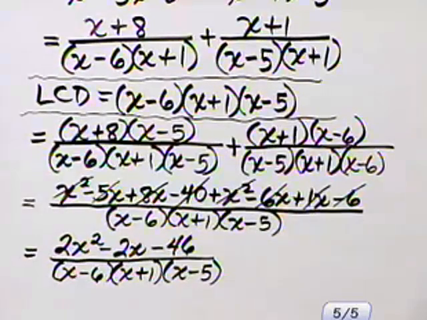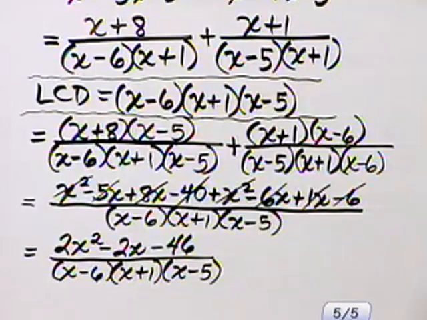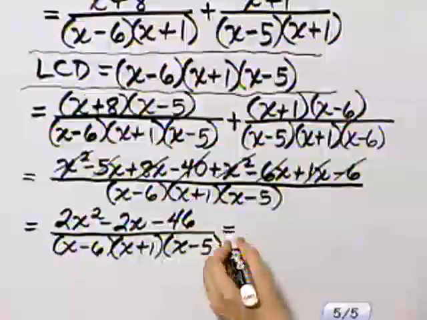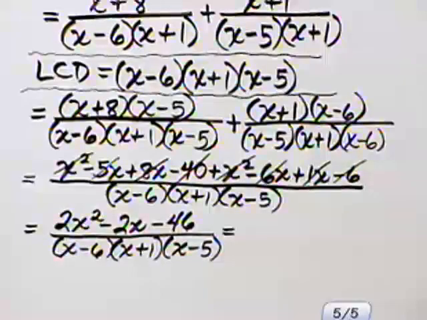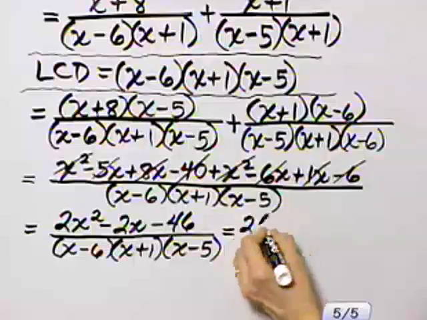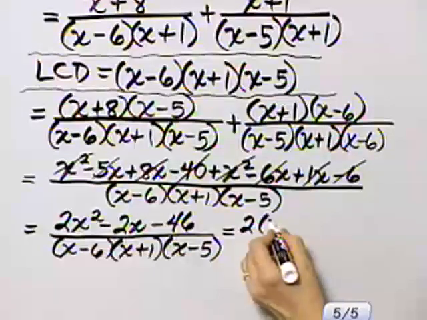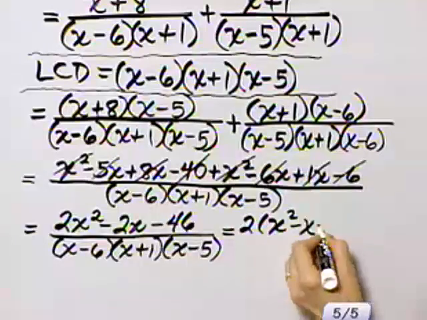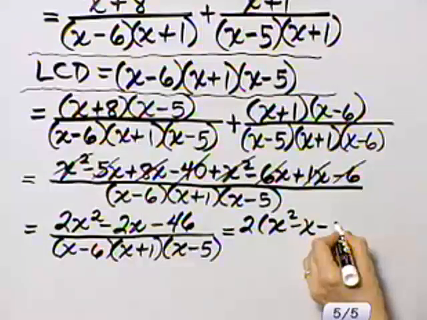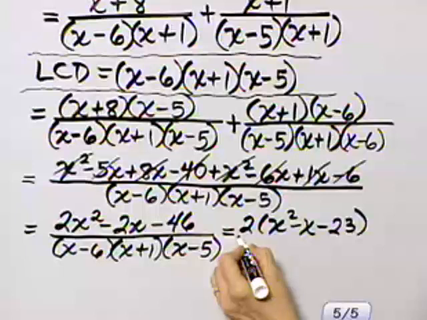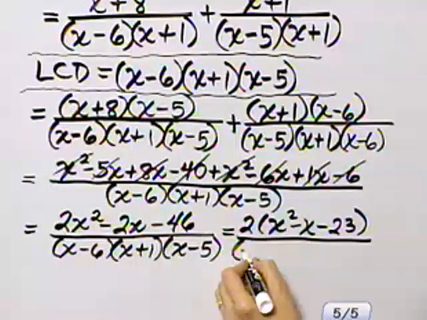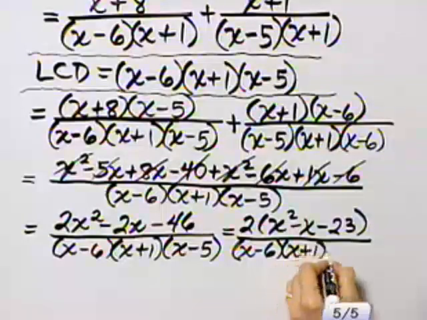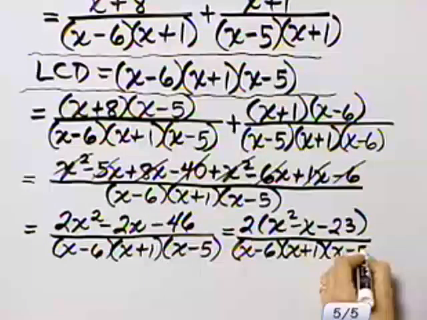What do we need to do next? Well, we just need to factor the numerator to see if this expression can be simplified. Now, what is the first step in factoring the numerator? Well, I know we can factor out a 2, and I'm left with x squared minus x minus 23 all over that LCD, x minus 6, x plus 1 times x minus 5.